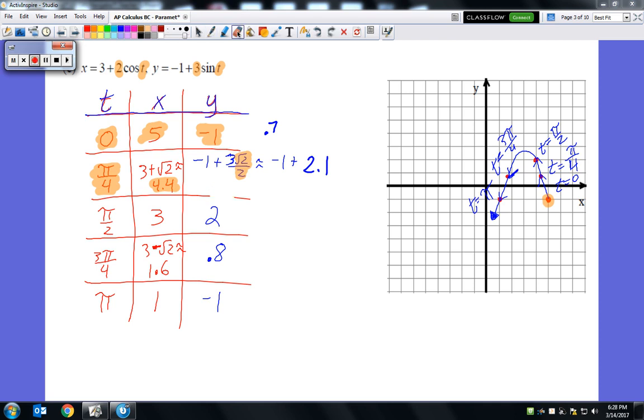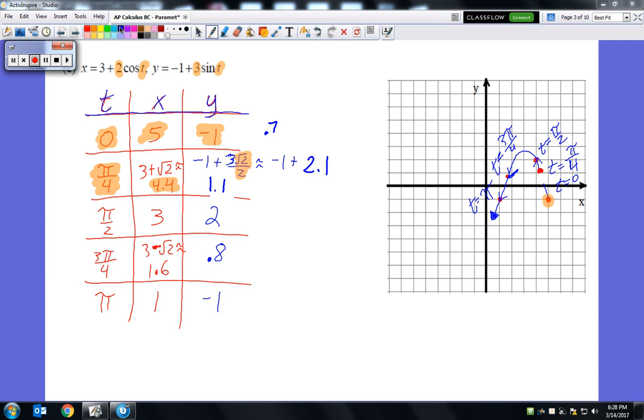So at 4.4, it's going to be about 1.1. Let me go ahead and fix the graph just a little bit here. This second point ends up moving up just a little bit. So that would be (4.4, 1.1).